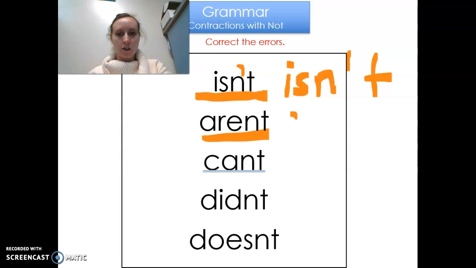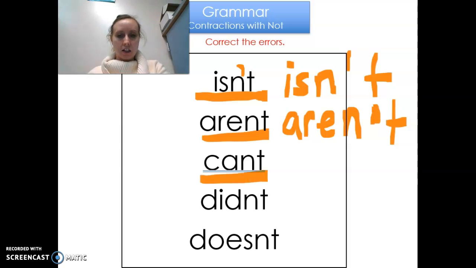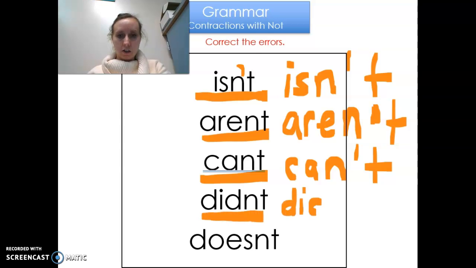For aren't, we would write are, and then the N, apostrophe T, because that's where the O is. Aren't. Here's can't. Do you know where the apostrophe goes? If you said after the N, you're right. Can't. Here's didn't. So let's go ahead and write apostrophe T.